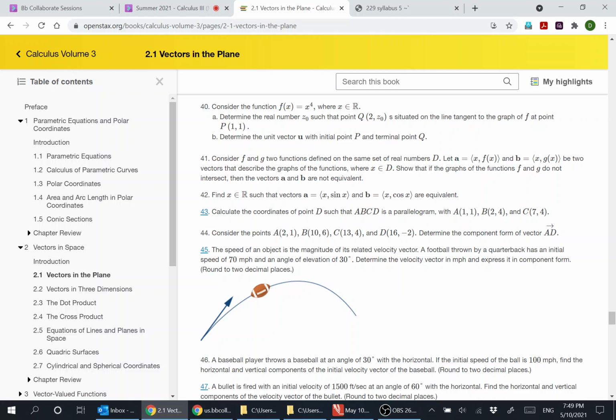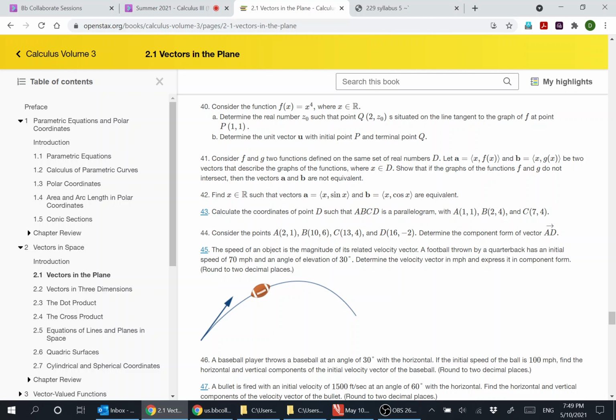And in the case of velocity, that magnitude is called speed. We will make the connection between velocity and speed much more explicit in chapter 3. Okay, but for now, speed is the magnitude of velocity.